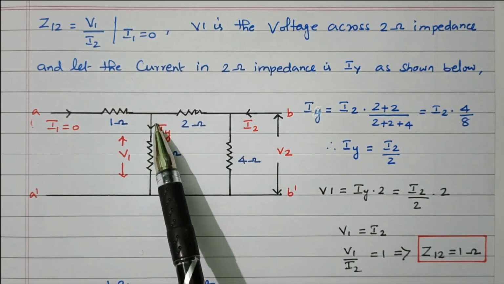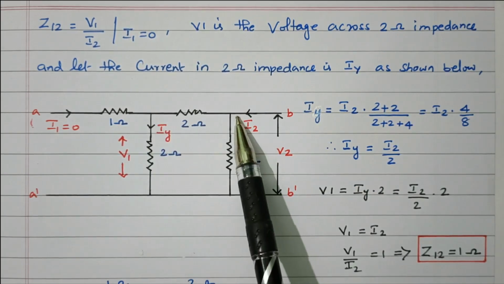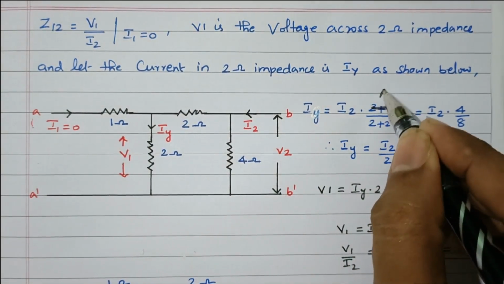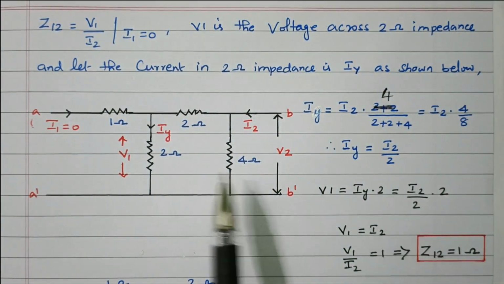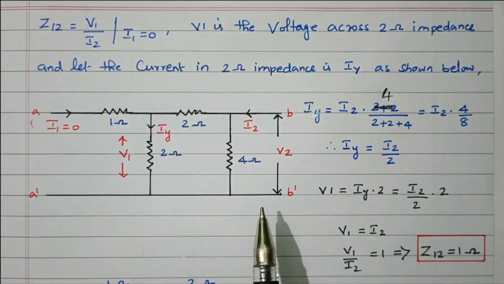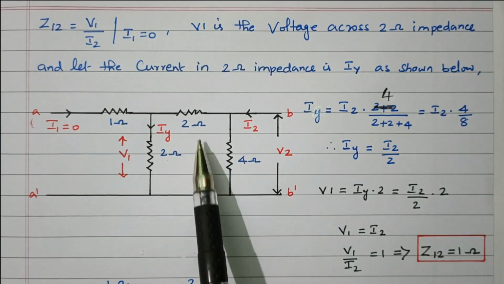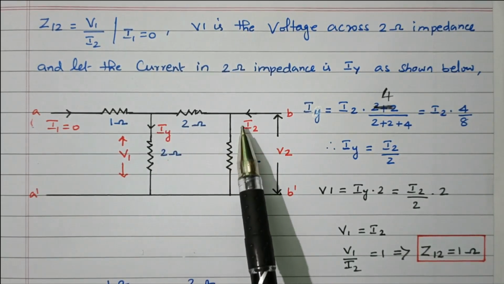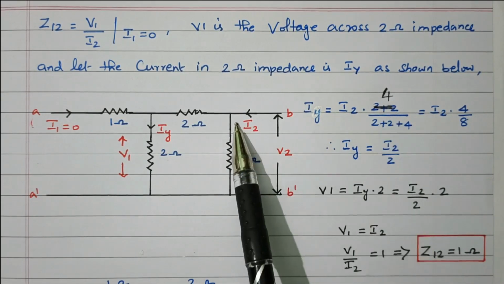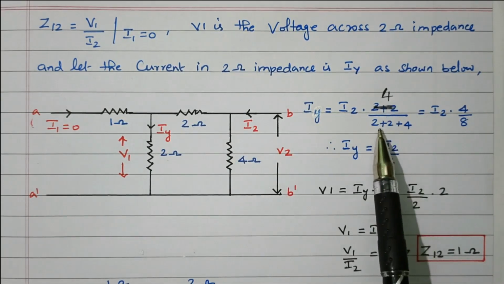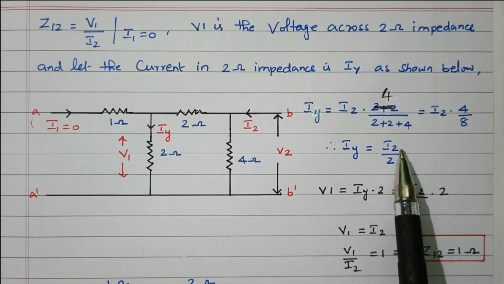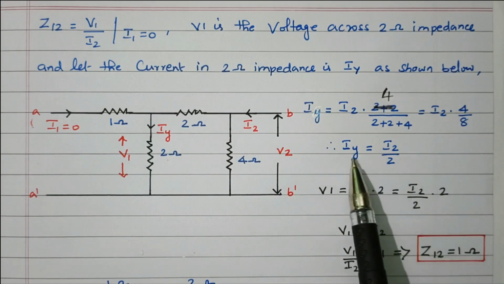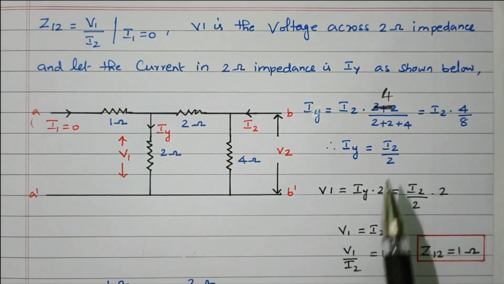What we need is the branch current through this 2 plus 2, 4 ohm branch, so the numerator is the other branch resistor, 4, divided by 4 plus 4. So 4 divided by 8 is nothing but 1 divided by 2. So I_Y equals I2 divided by 2.